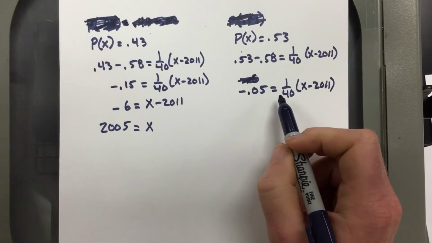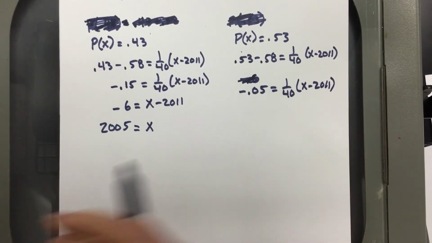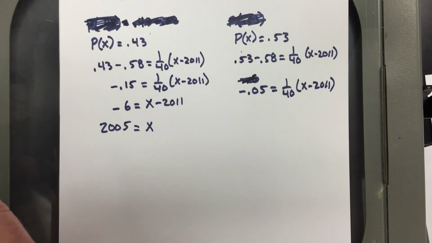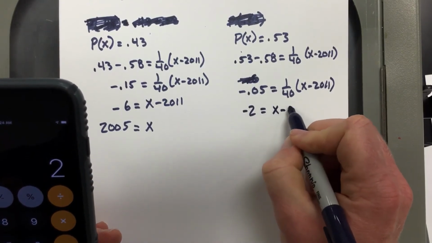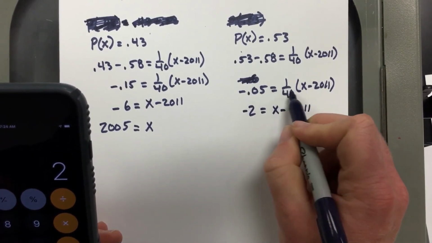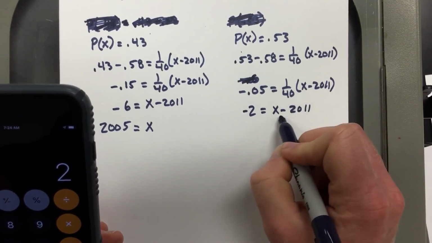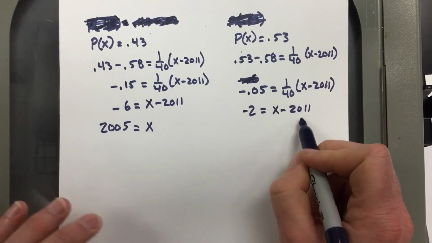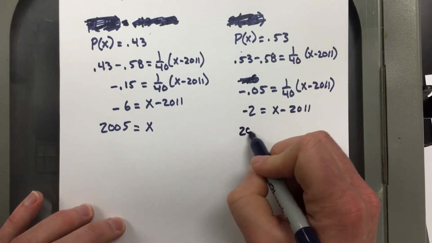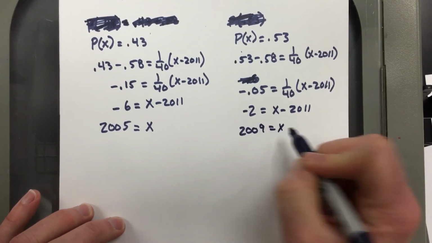I'm going to multiply each side by 40, just like I did in the previous problem. And when I do that, that's 0.05 times 40, so that's going to be negative 2 equals x minus 2011. Remember, I'm just multiplying this by 40, it becomes 1, so that's the only thing that's left. So then I'm going to add the 2011 over, and that's going to be 2009 equals x.